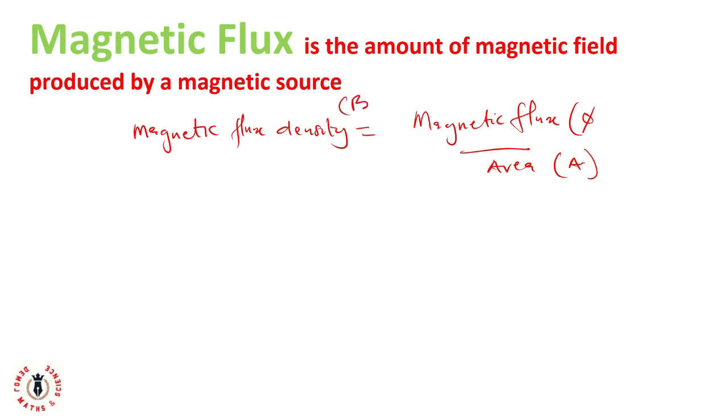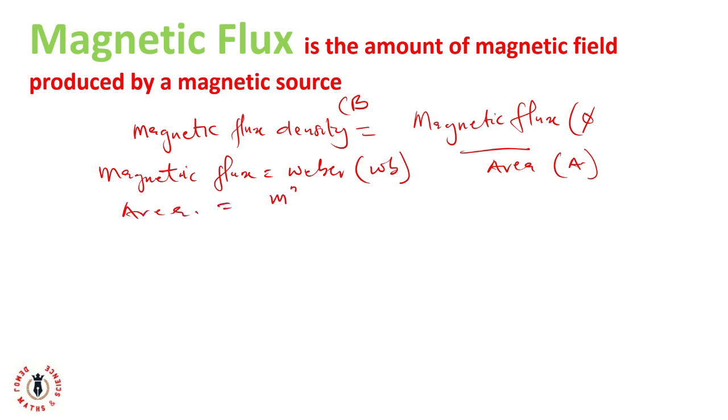density represented as B. Now for units, the unit of magnetic flux is the Weber, shortened as Wb. The unit of area, as usual, is meter squared.